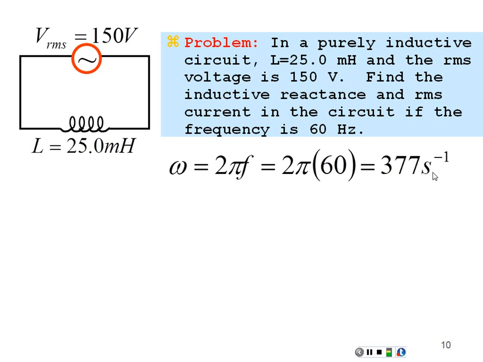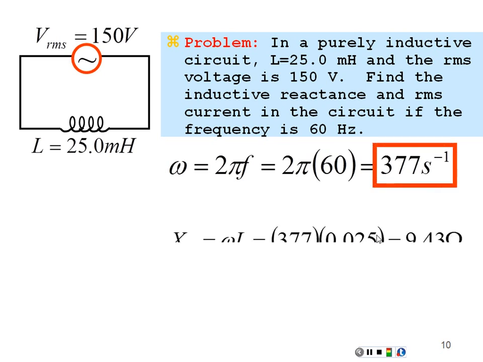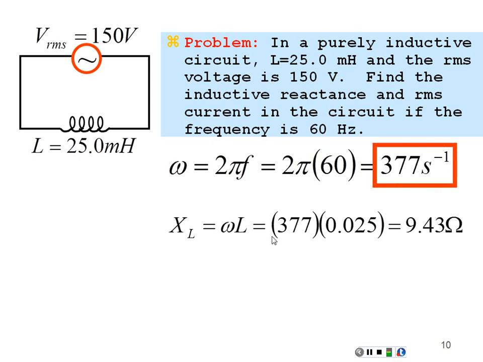If we know the angular frequency, we can calculate the inductive reactance. X of L is omega times L, 377 times 25 millihenries, 0.025 henries, gives us an inductive reactance of 9.43 ohms.